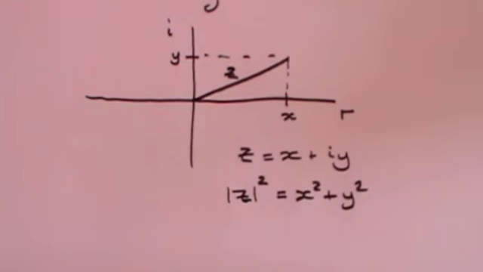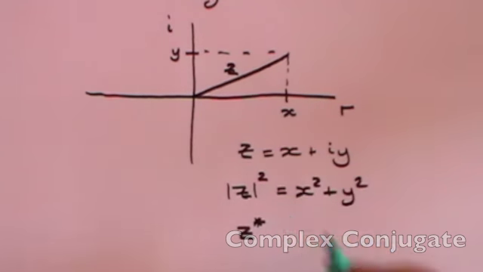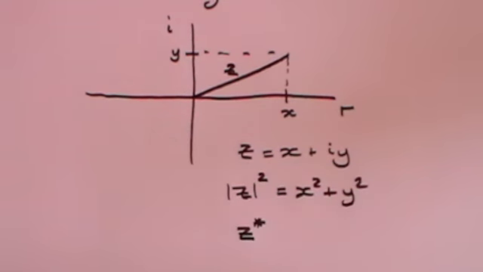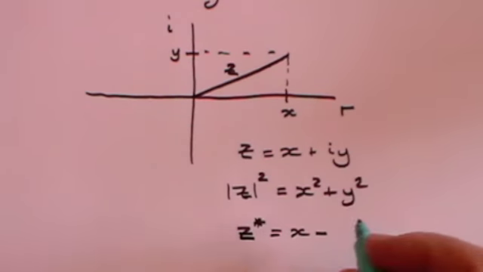Now I mentioned a thing called a complex conjugate, which we denote by putting an asterisk above the number. That means the complex conjugate of z. And what is this weird thing? Well, it couldn't be simpler. It's simply the same value of x, but you change the sign of the imaginary term.